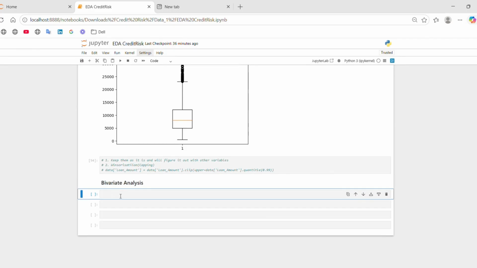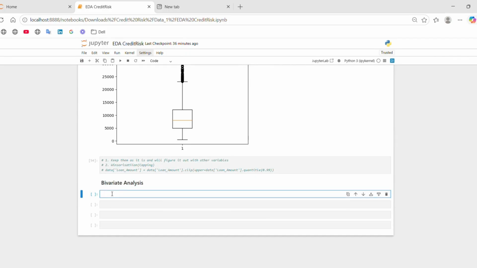Most candidates get confused here. They initially assume that bivariate means understanding two variables together, but that's the wrong picture. In this, one variable should be the target, and every variable's relationship should be determined with the target variable.